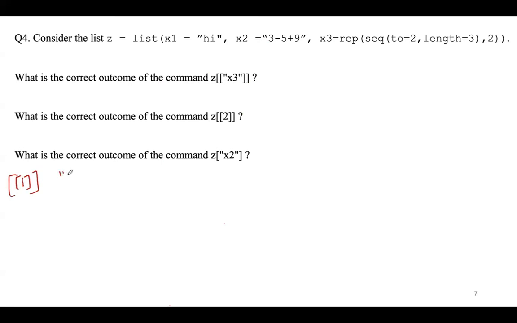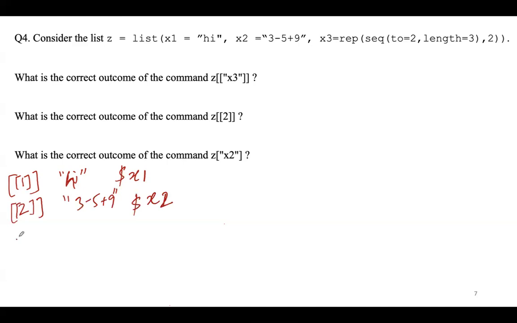Okay. So I've also named it X1, right? 1, 2, 3. And the second element is also this thing. It's in double quotes, so you don't solve this. We are calling it X2.